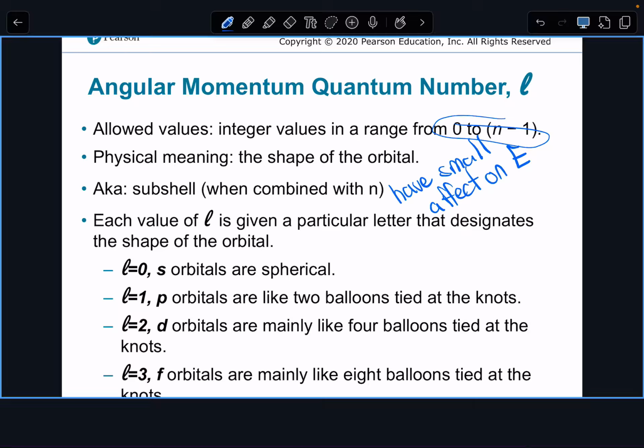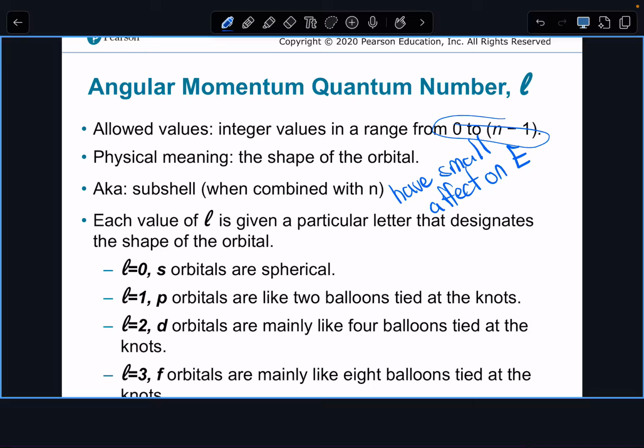It's just that their actual number designation starts at 0, and so it's 0, 1, 2, 3 rather than 1, 2, 3, 4. Okay? So the highest one is 1 less than that, but there's 4 of them. So that's what it means when it says the number of L values is equal to n. It'll probably come up in a second.